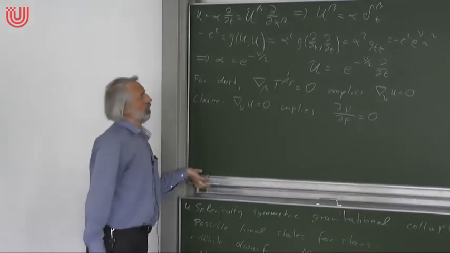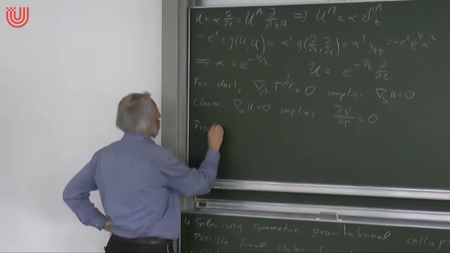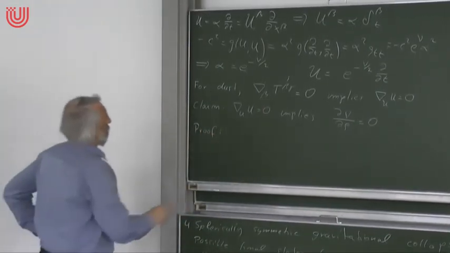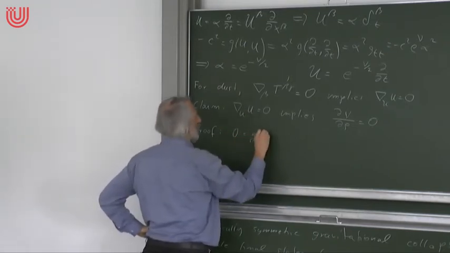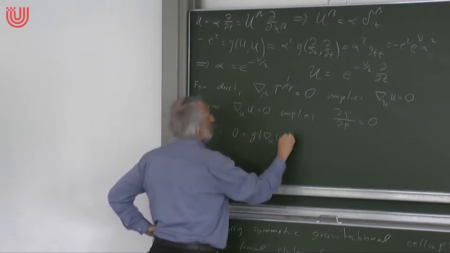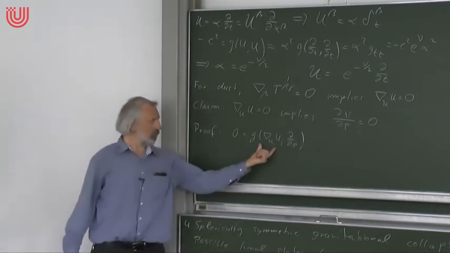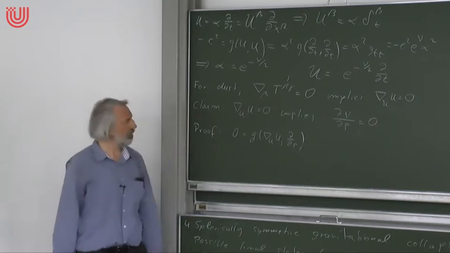And the proof runs in the following way. Well, if del u is 0, then certainly this expression is 0, d by d rho. If I plug a 0 in one slot of the metric, then of course the whole thing is 0.